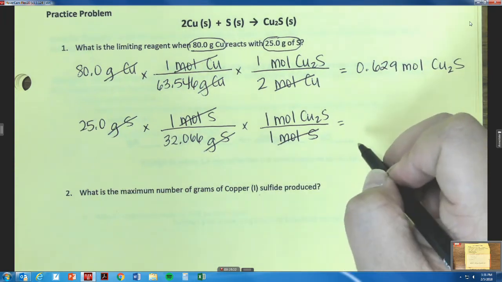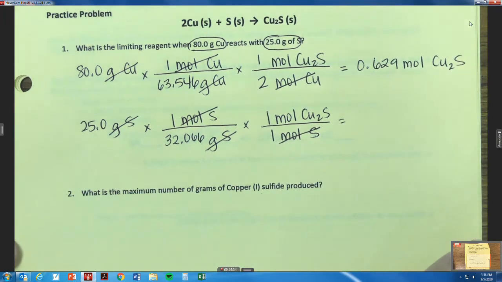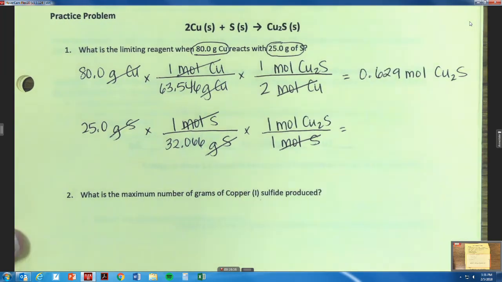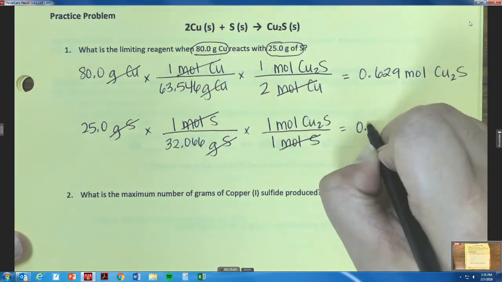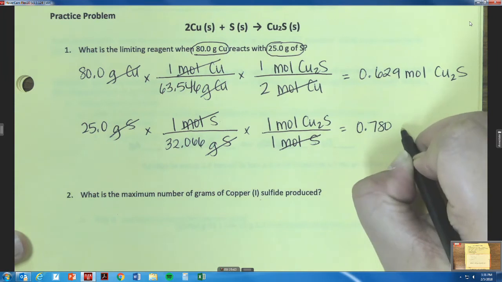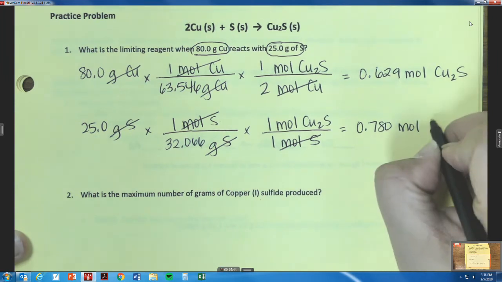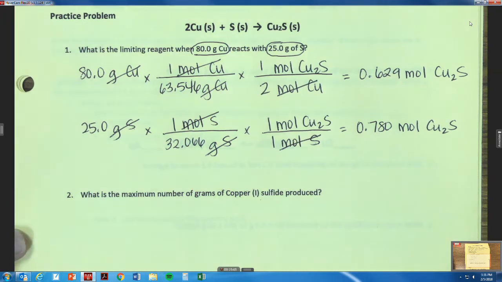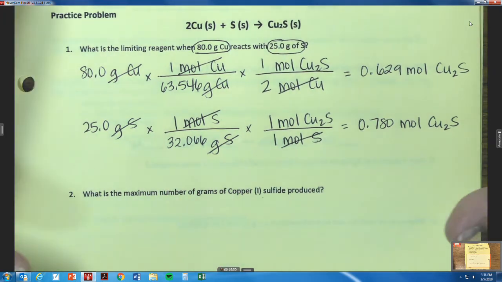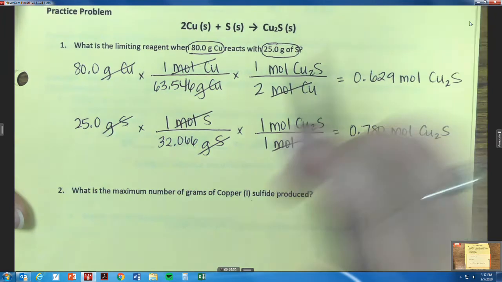If you want to calculate this on your own, go ahead and pause. But the answer that you should have got is 0.780 moles of Cu2S.